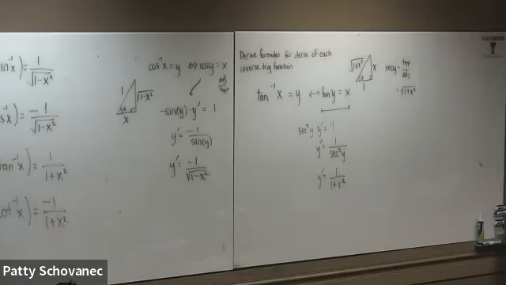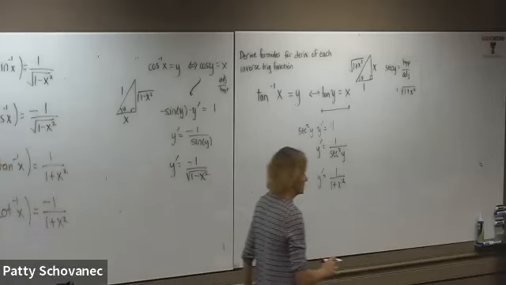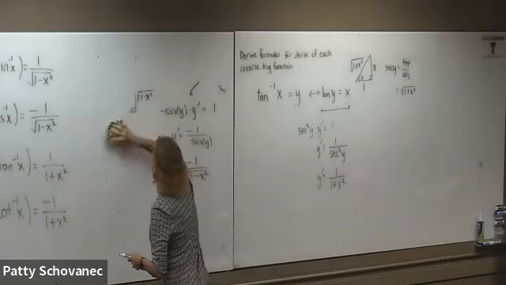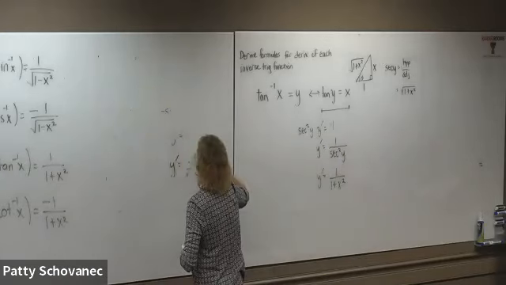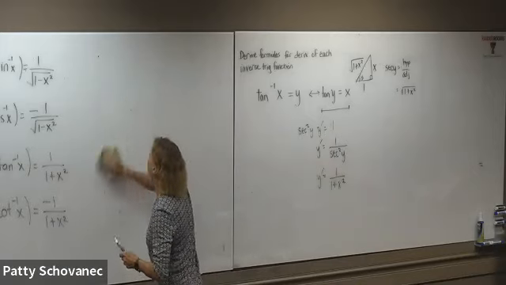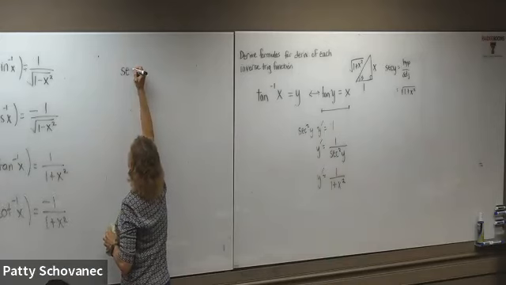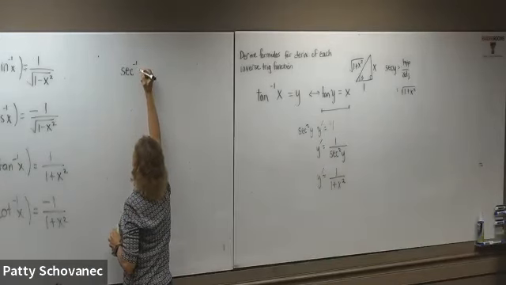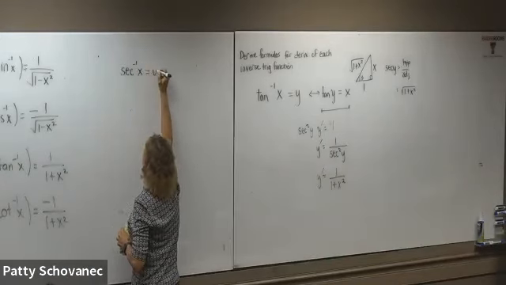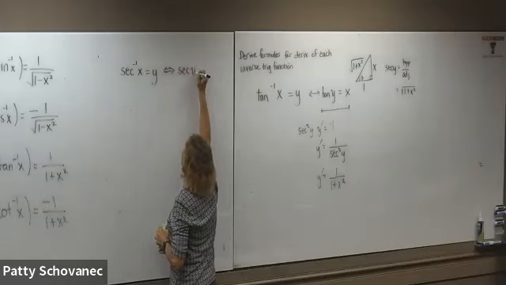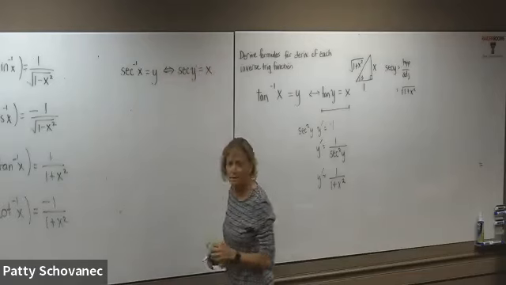I do have time to do the next one, which will be the inverse secant. So we start with our definition. The inverse secant of a number x is an angle y if and only if I take the secant of that angle y to get us x.